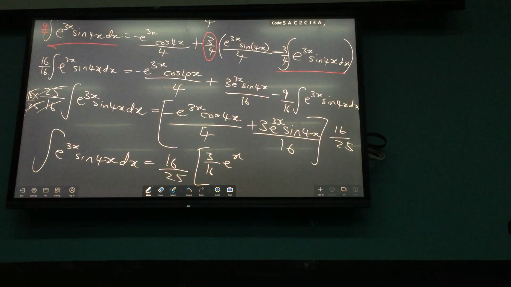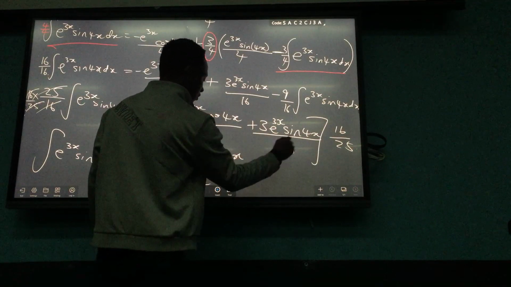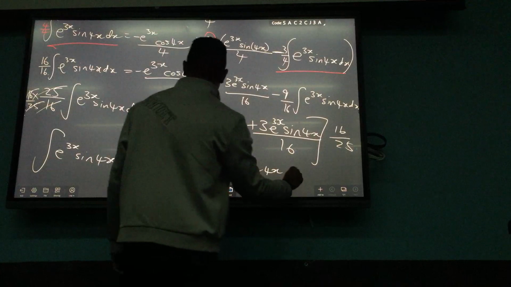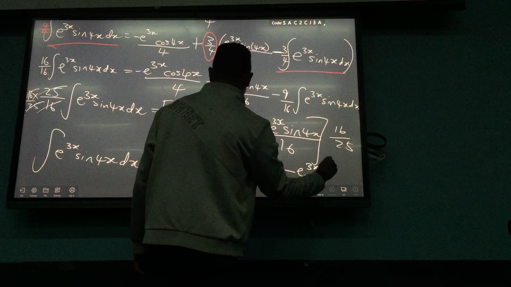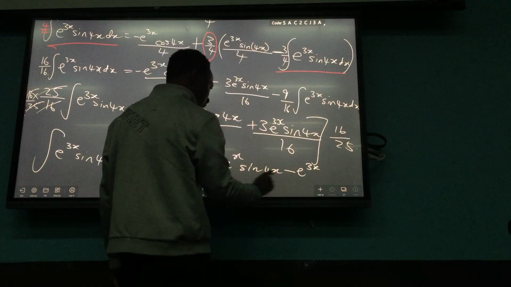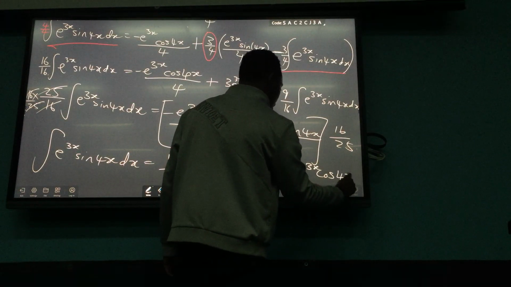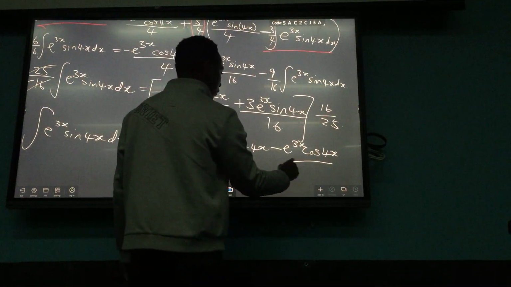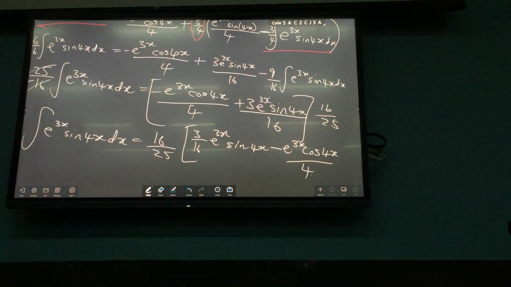That's 3x. Yeah, so that's going to give us e to the 3x sine 4x minus e to the 3x cos 4x over 4. And then here we also have the 3x like this.